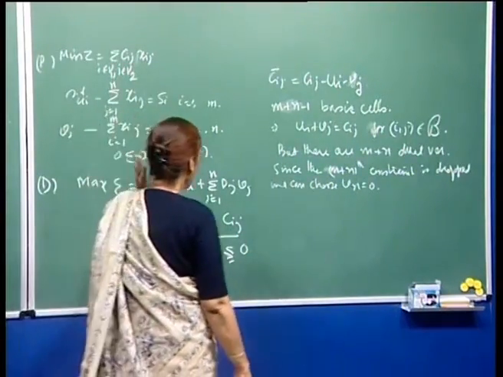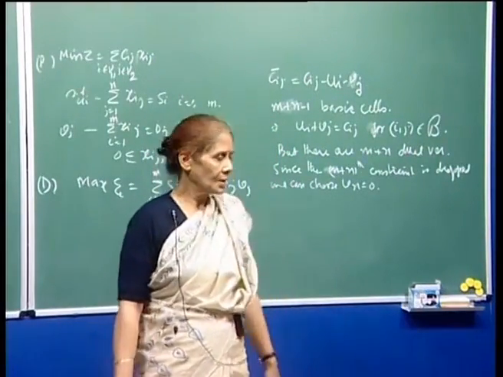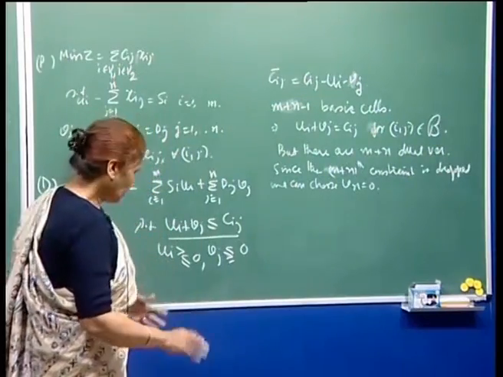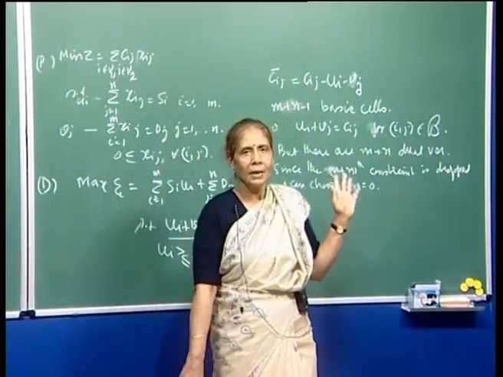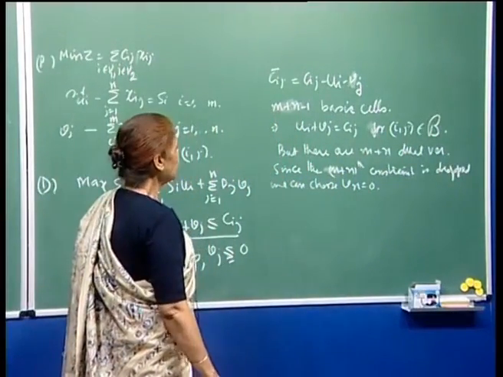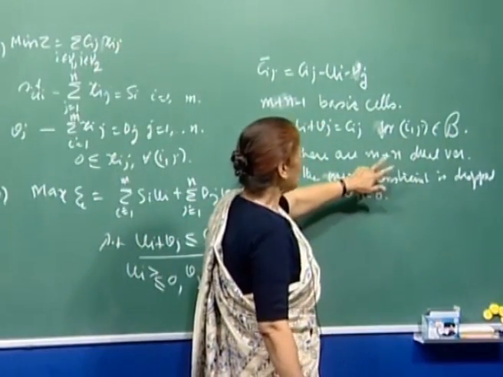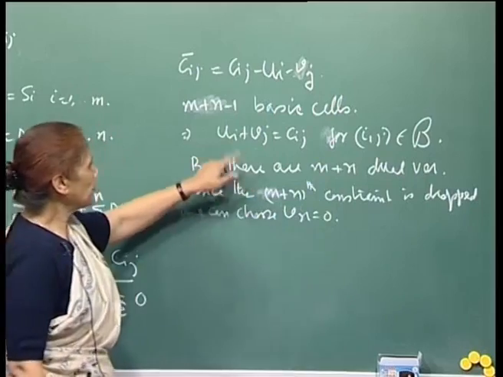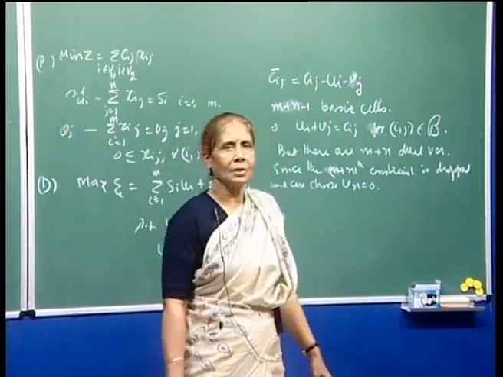And in any case, it is a balanced thing. If you are working with a feasible solution all the time, then the last constraint is anyway satisfied. So actually it is not really important that you choose Vn as 0, you can choose Vn to be any number, because the last constraint will automatically be satisfied. Then you will be left with m plus n minus 1 dual variables to compute, and you can do that uniquely from these m plus n minus 1 equations.